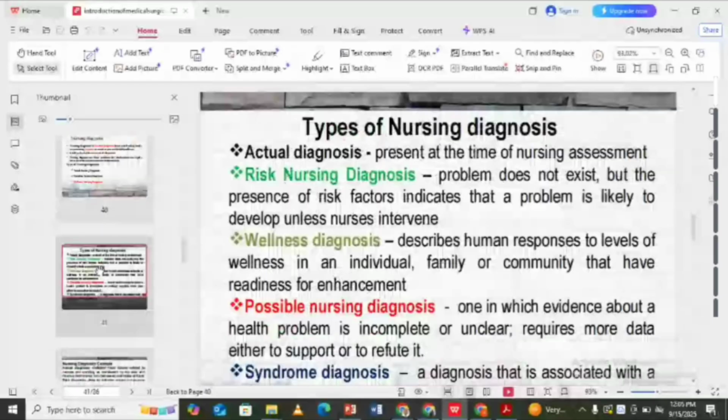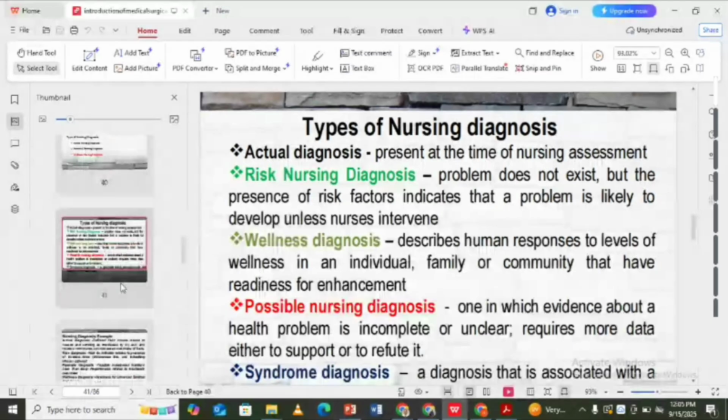The actual nursing diagnosis is what is present at the time of assessment. The risk nursing diagnosis is where the problem does not exist, but there are factors present that are likely to trigger the problem. Wellness diagnosis helps to describe how one is ready to respond to various levels of wellness within the family.